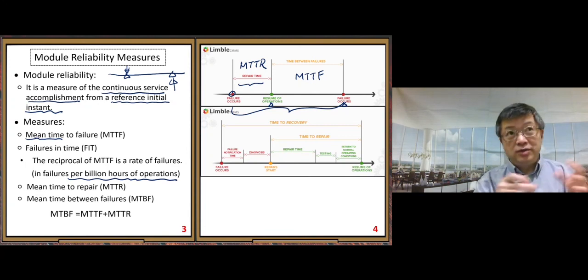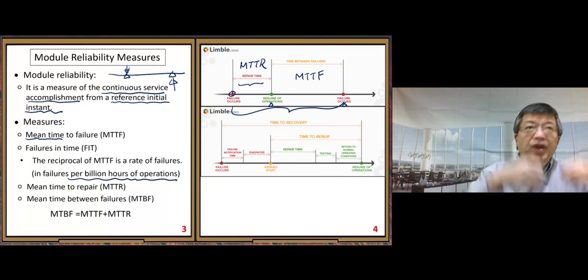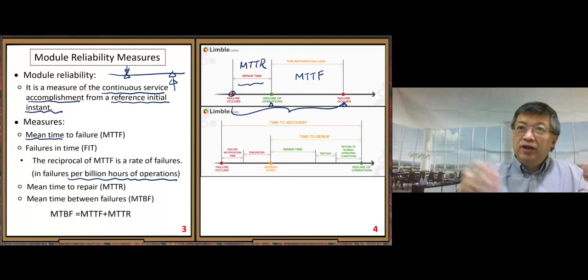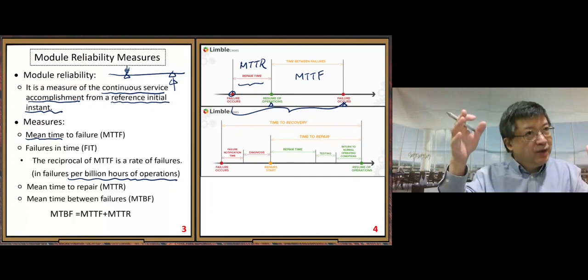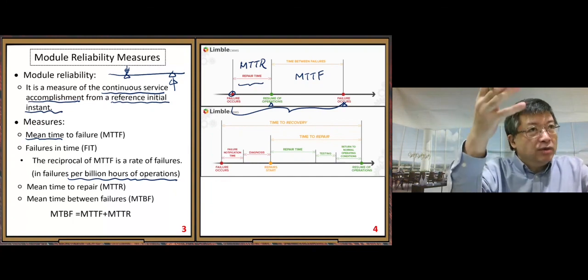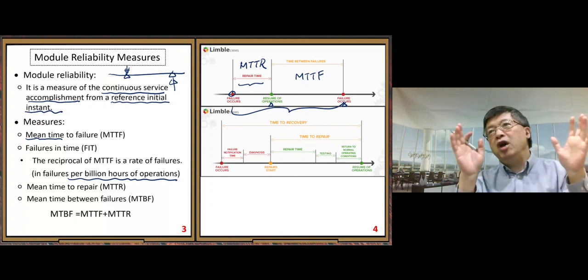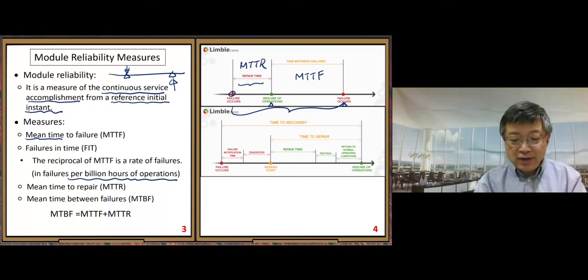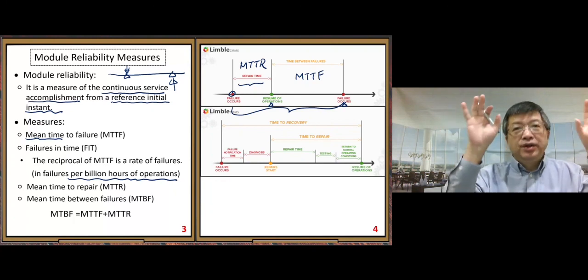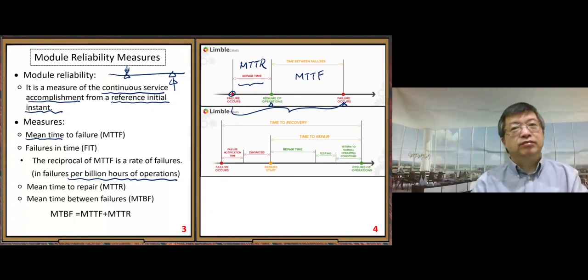You need to spend some time to restart it: reset, restart, do some things to make it work in the normal case. That's the total amount of time used to fix the problem.